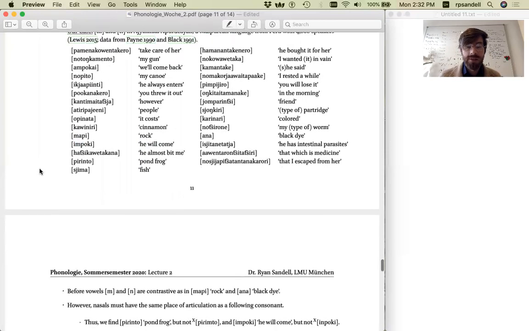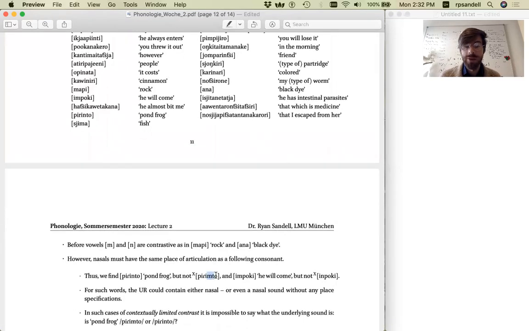In such cases, it's not entirely clear what the underlying representation for the nasal ought to be. What is clear is that the language excludes sequences of, say, a labial nasal followed by an alveolar stop, or an alveolar nasal followed by a labial stop. Those sequences of sounds can't occur in the language.